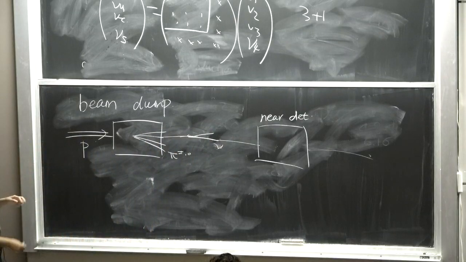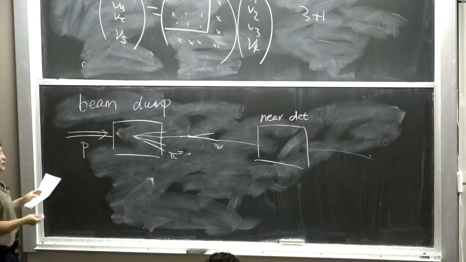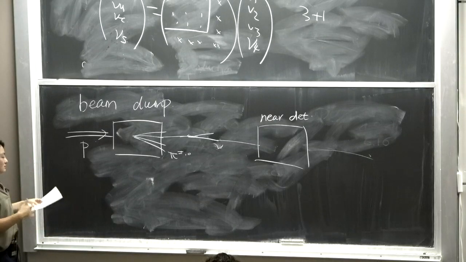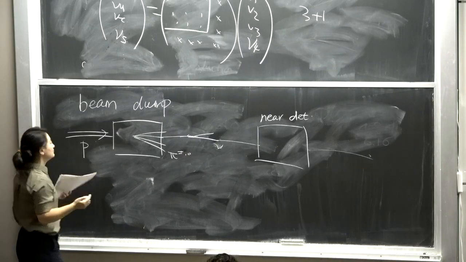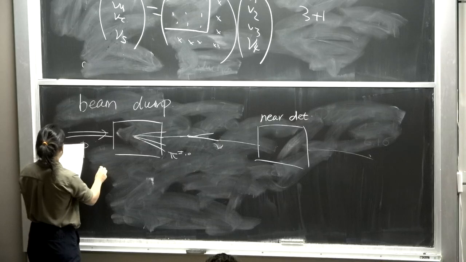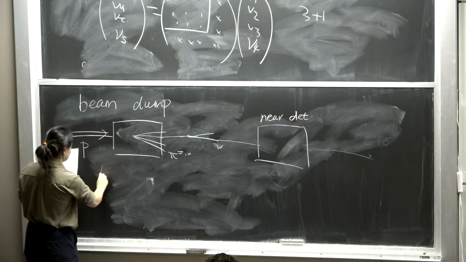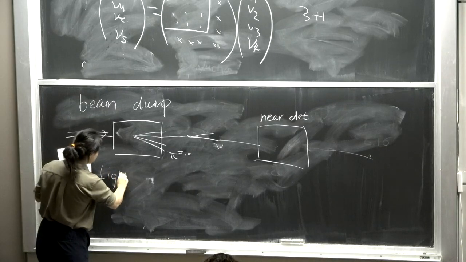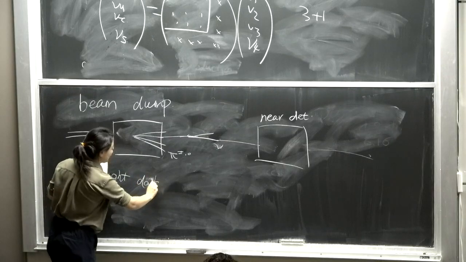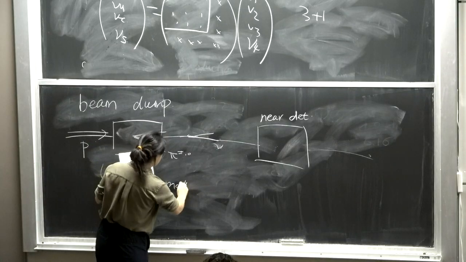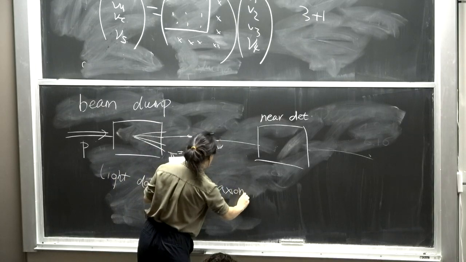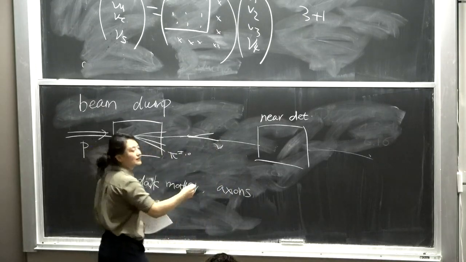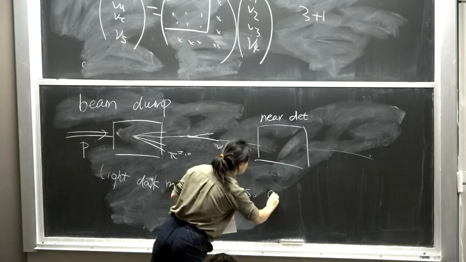Now, if you look at this, and you don't care about these neutrinos, but rather you care about a variety of light, exotic degrees of freedom. For instance, a popular scenario people look at would be light dark matter, axions, or specifically, let's look at dark photon.